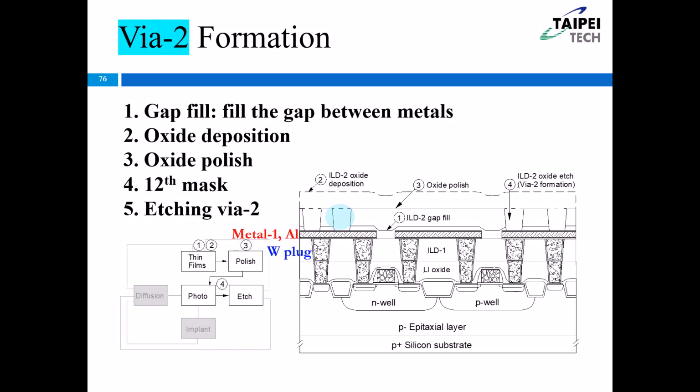So we don't go through the detail. VR2 is just like the VR1. VR2 is here. Just as we mentioned, we deposit the oxide, we pattern the oxide, and finally, we put the tungsten into the VR2, okay? The same process.